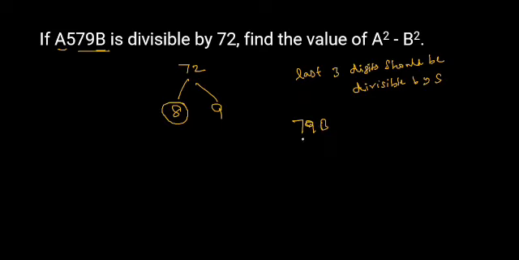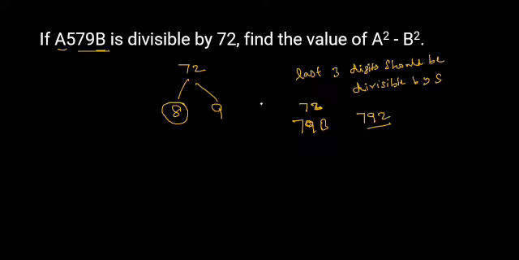When I try to divide 79 by 8, it goes 9 times, remainder is 7. And for this B, when I substitute 2, it would be 72. Now it will exactly be divisible by 8. If the B value is substituted by 2, it will be 792. So when B value is substituted by 2, it will be exactly divisible by 8.